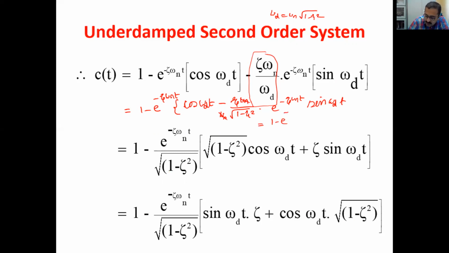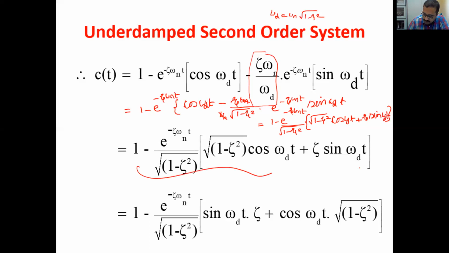You will get 1 minus e raised to minus zeta omega n t by root of 1 minus zeta square into, so here root of 1 minus zeta square is missing. So root of 1 minus zeta square into cos omega d t plus, the remaining part is zeta, zeta sin omega d t.